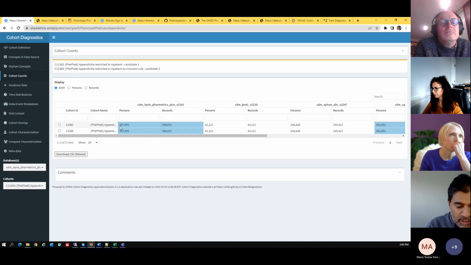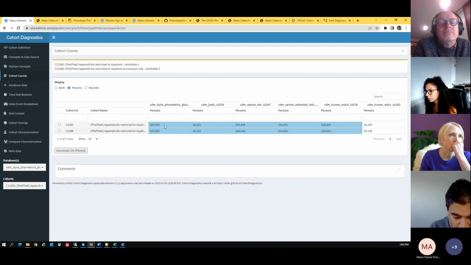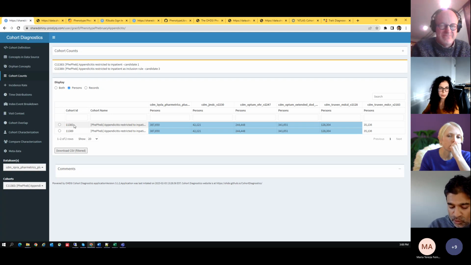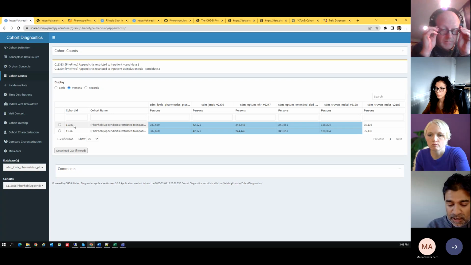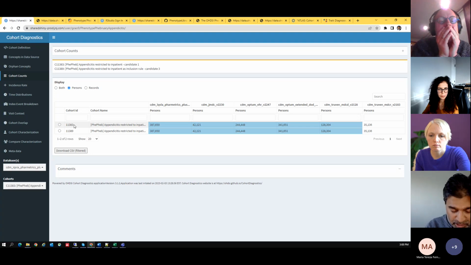I'm going to restrict to persons for clarity. This is a different tool, a different URL. You don't have access to this, but I used it as part of the development process. There are two definitions here.